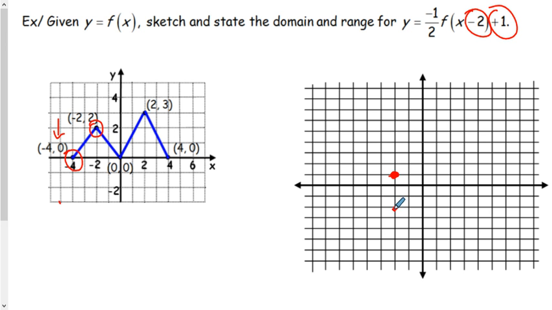So it would start down here. And then I'm going to divide it by 2 because I got this 1/2 right here. So that would put it right here. And then I'm going to add 1 to it. That would put it right here. And then I'm going to move over 2 spots, 1, 2. That's going to put it right here.